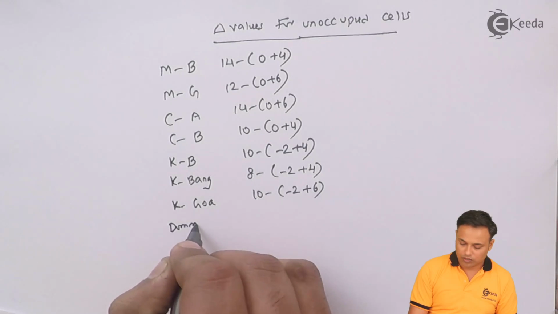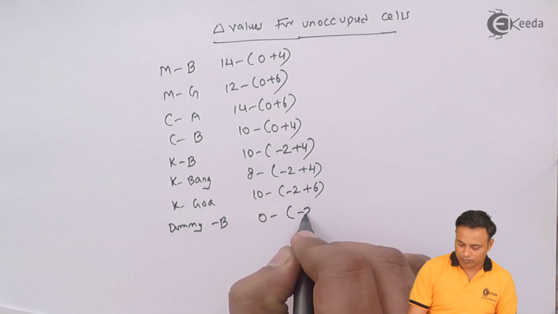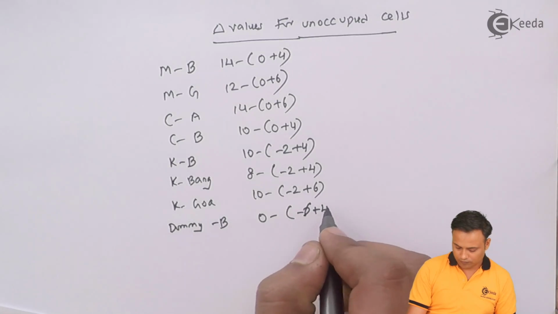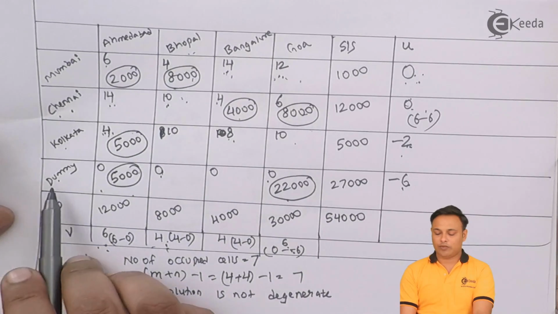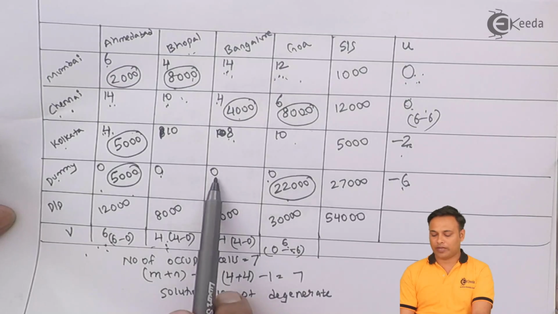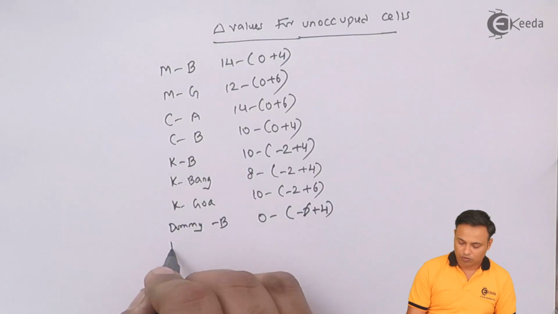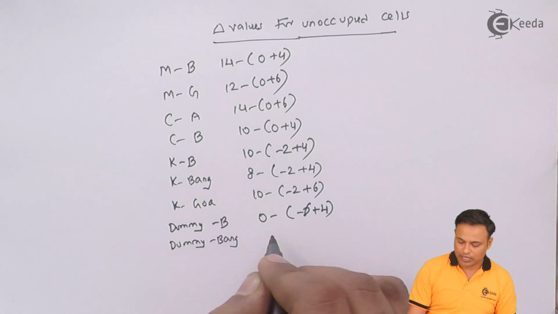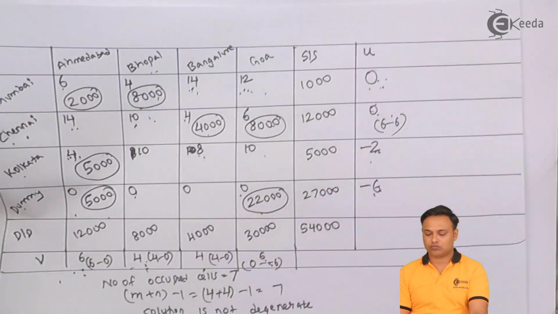For dummy Bangalore, I have 0 minus 6 plus 2.